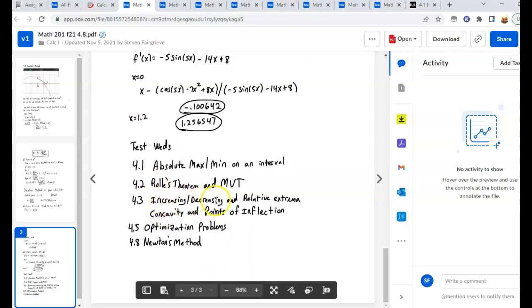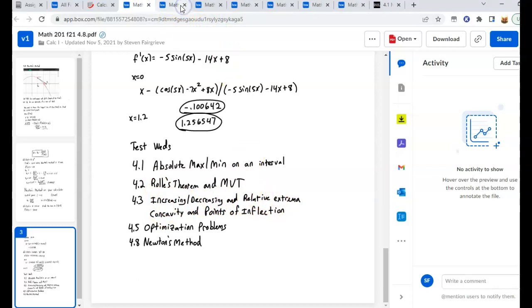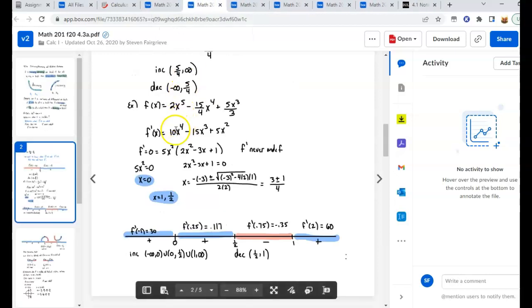And we then talked about increasing, decreasing, relative maxes and mins in our next topic. So you're going to be looking at problems a lot like this where you're going to need to find the derivative, figure out when it's 0 or undefined, use those values to test the derivative now to see when the derivative is positive or negative.